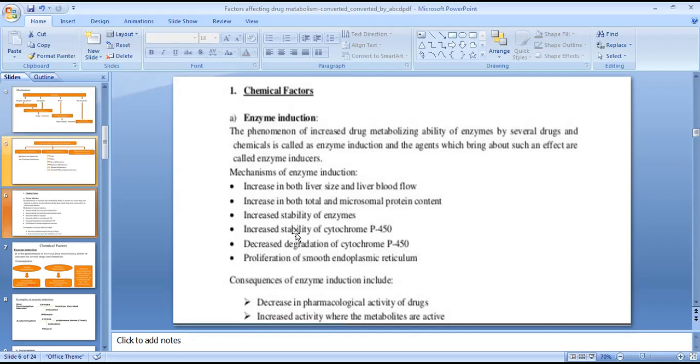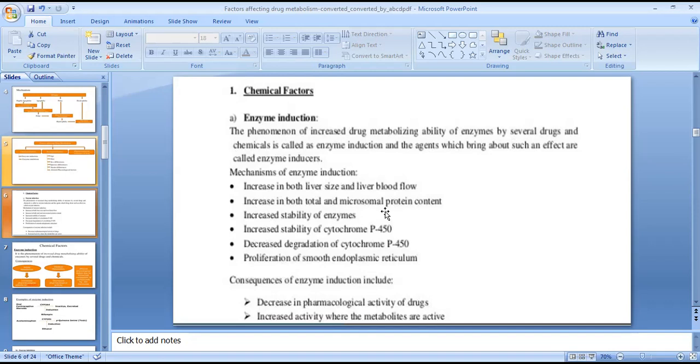Then they are also affected by the presence of other chemicals. So if we increase the stability of the enzyme, it is also going to affect the enzyme induction, increased stability of the cytochrome P450 enzyme.